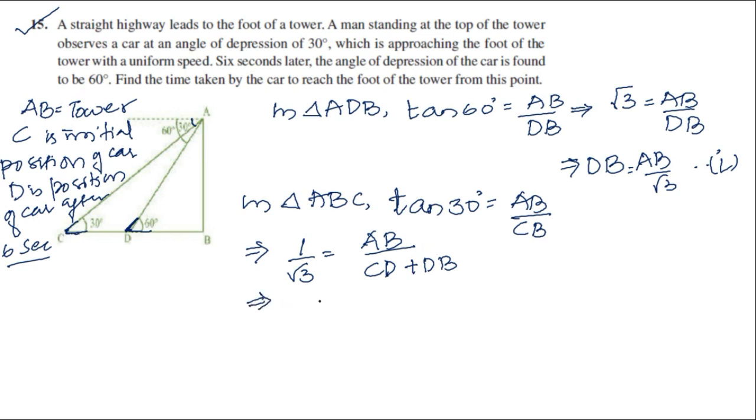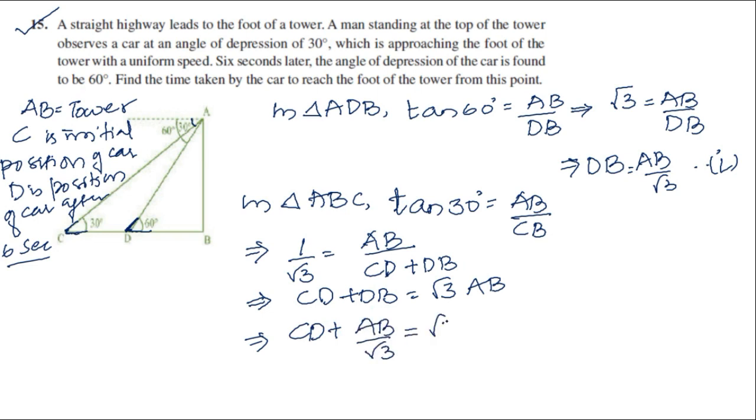We know the length of DB in terms of AB. Let me substitute that. I will be getting CD plus DB as root 3 times AB. Now I'll write, instead of DB, AB upon root 3 equal to root 3 AB. This is from 1.